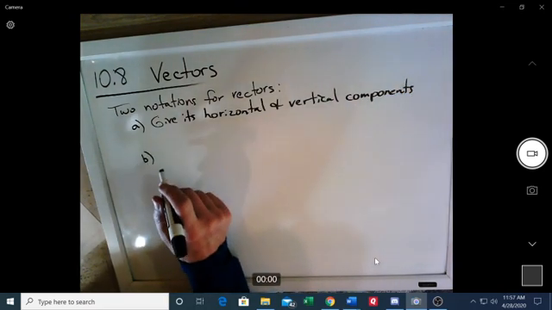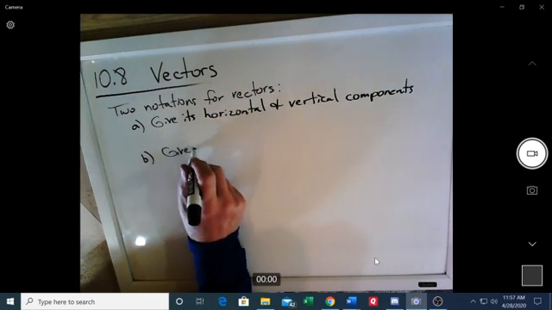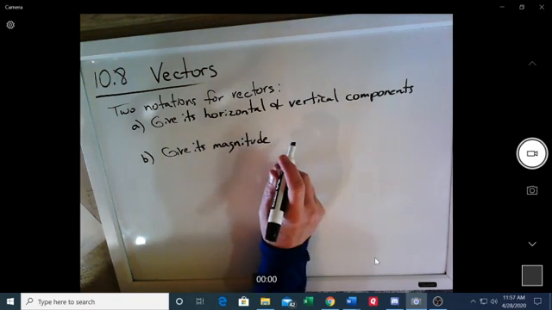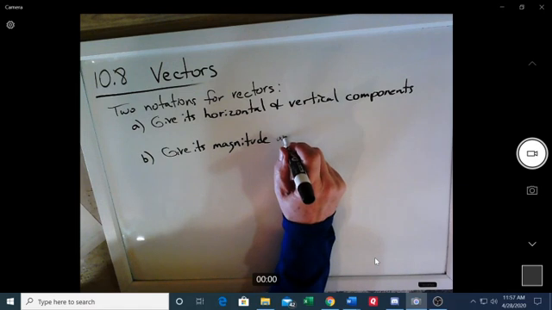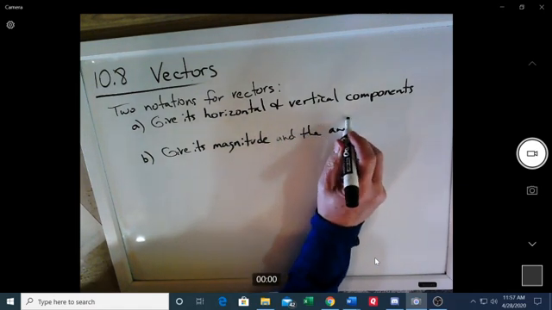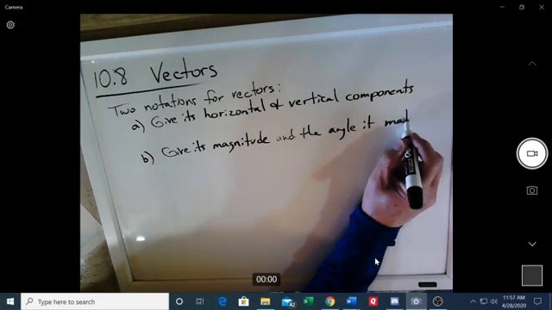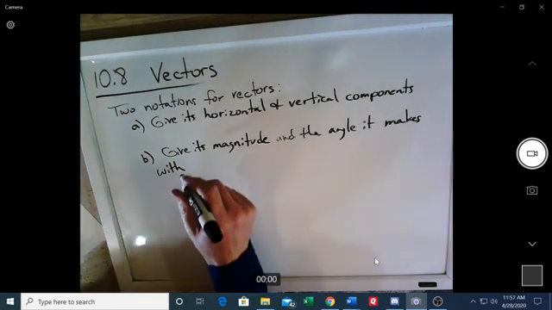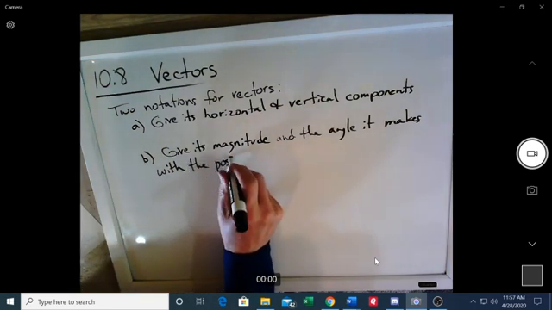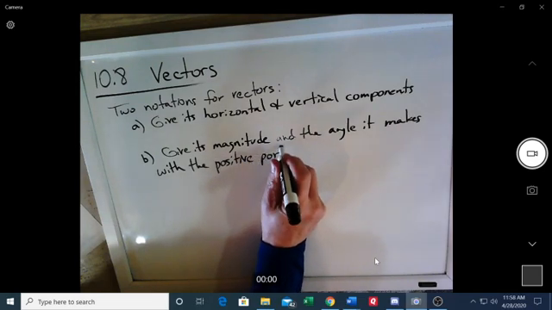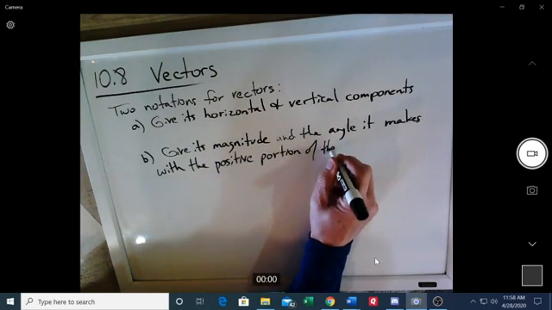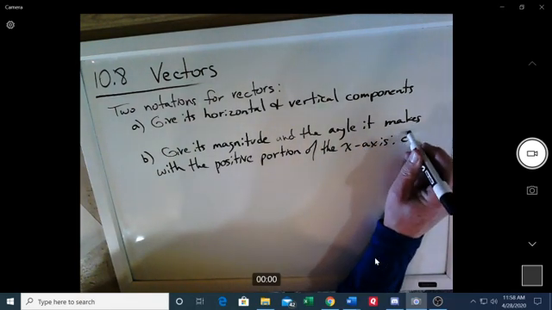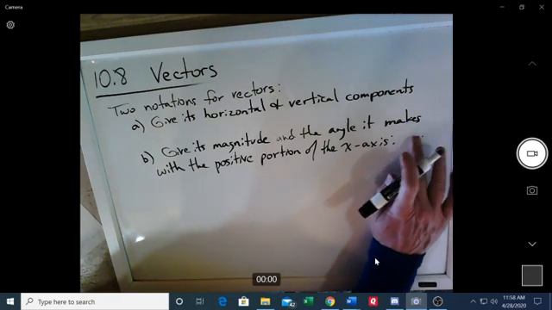Or B, give its magnitude and the angle it makes with the positive portion of the x-axis. And that's called the direction angle. Let me write it down here.